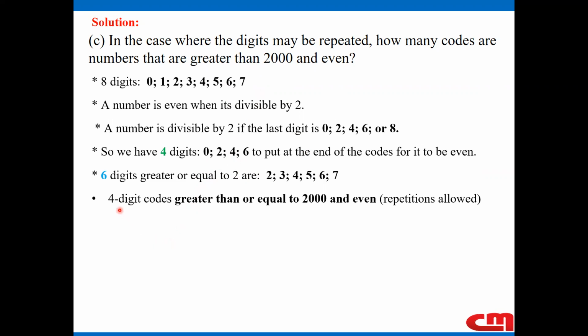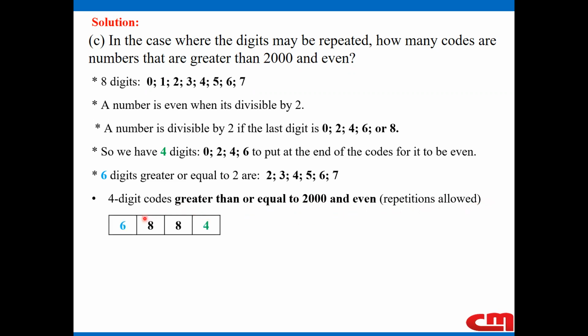Right. The 4-digit codes greater than or equal to 2000 and even, repetitions are allowed. I've put the greater than or equal to 2000, and even. Why? Because at the end of the day, this 2000 shall come up because repetitions are allowed.